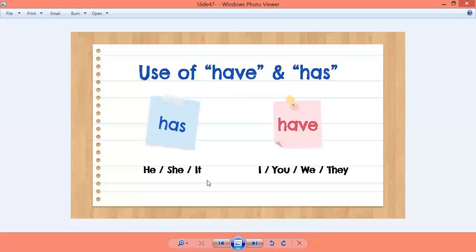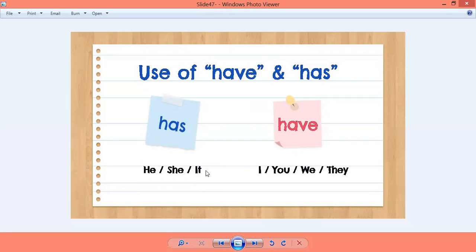Now where are we going to use has or where are we going to use have? When there is a sentence which has pronoun of he, she or it, यहाँ पे है. जब भी he, she, it है pronoun तभी has use होगा, और जब भी I, you, we, they है तभी have. Let us take an example and you will get a better clarity.